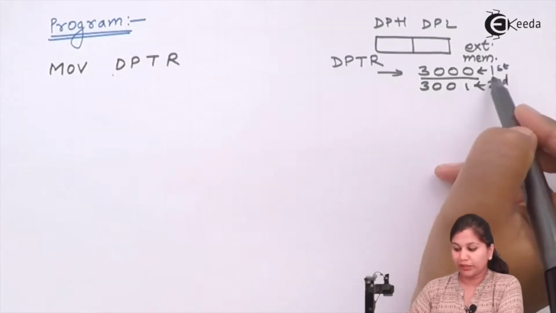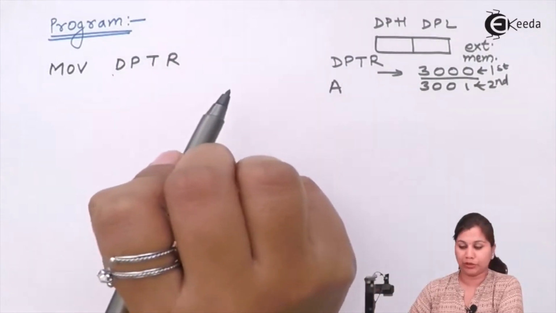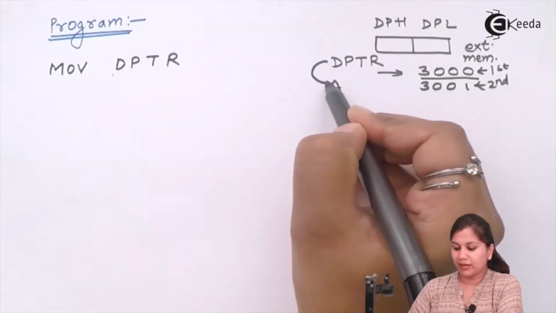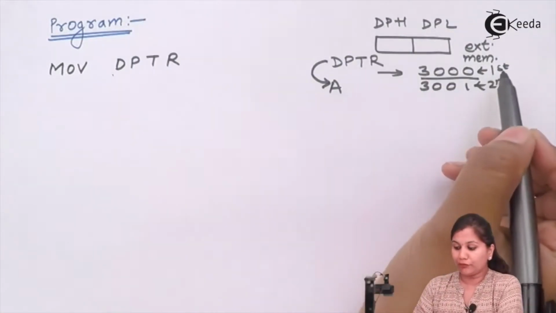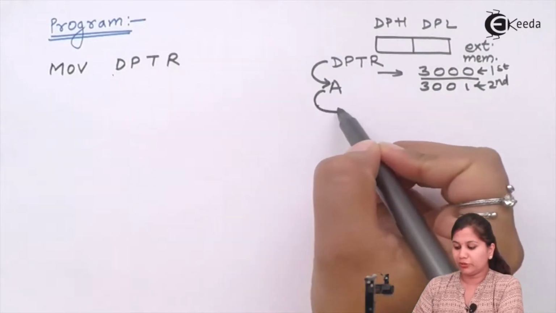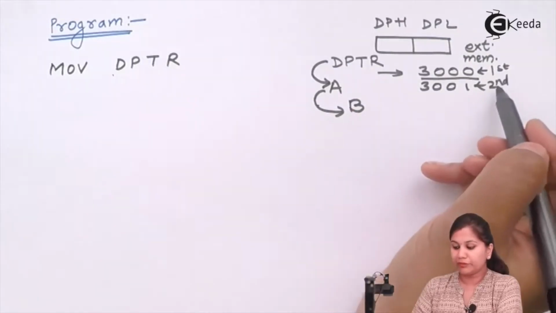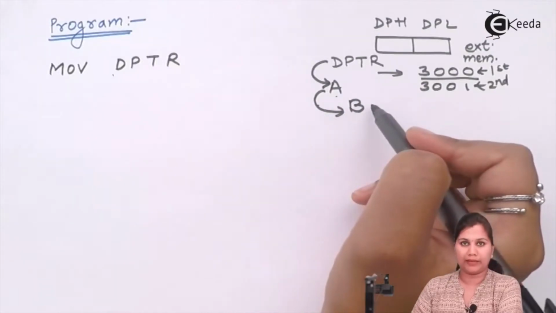We are going to bring this data into register A, the accumulator, because DPTR can only copy its data into register A. It cannot copy the data into any other register. So first of all, we have to move that data into register A. Then we will move the data into register B. After that, the second number will be shifted into register A, and then we will do the comparison.